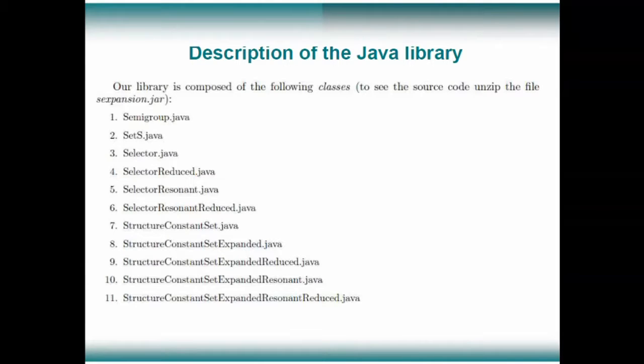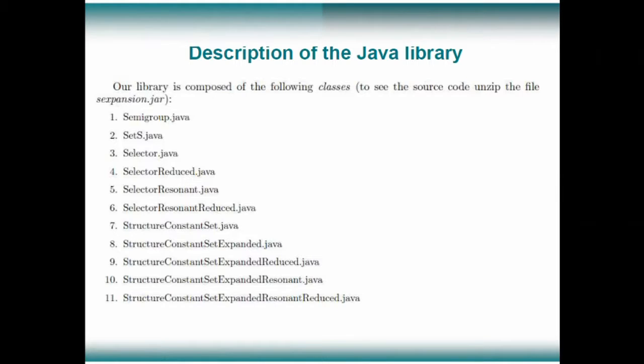A brief description of the library. It contains some classes. First, it has a semigroup class, the one that allows the calculation. It identifies the elements with numbers 1 through n.